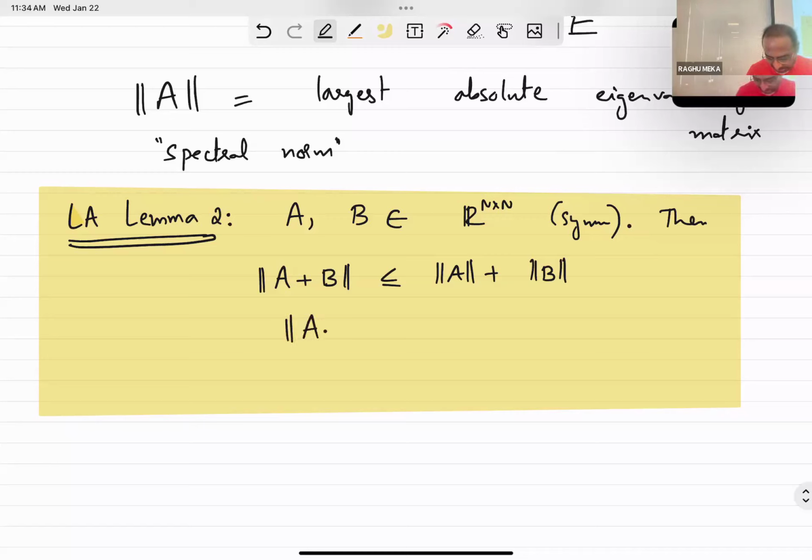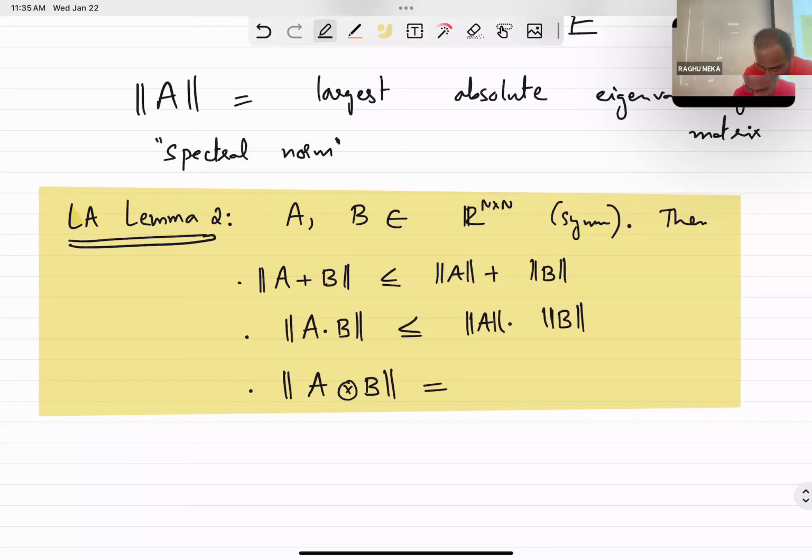And moreover, it's also multiplicative. If I take A times B, then its norm is at most the norm of A times the norm of B. And finally, for tensor products, in fact, it's exactly true. Okay.